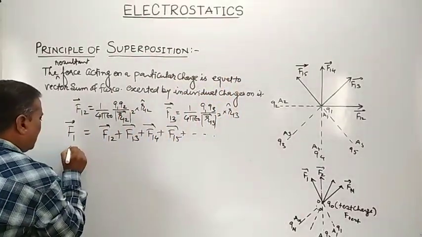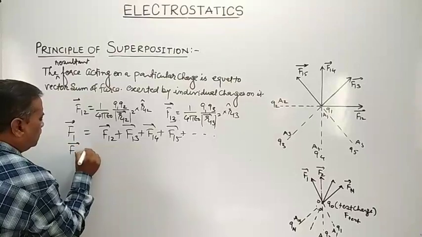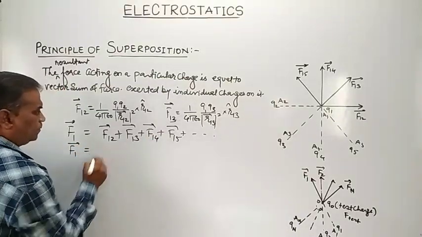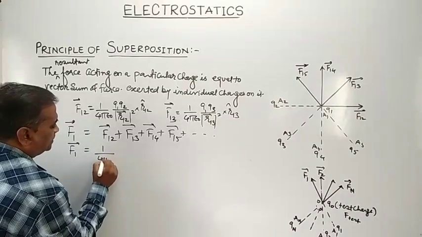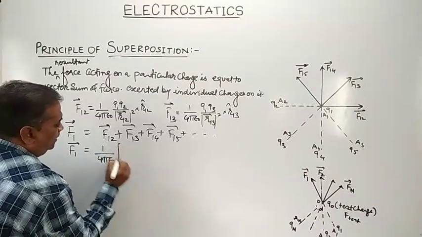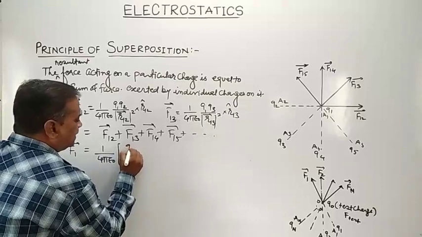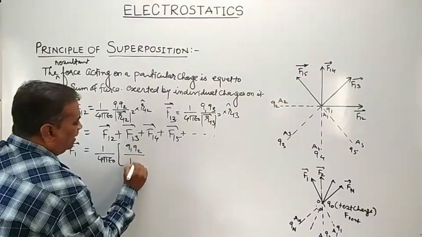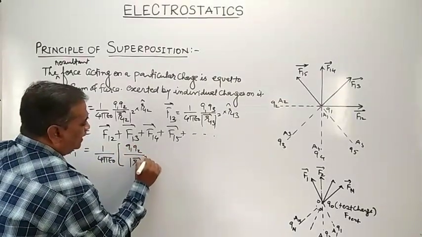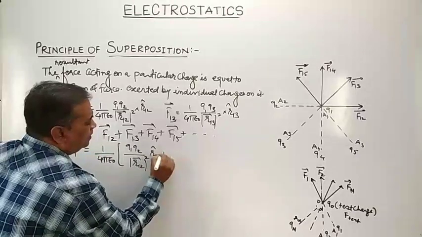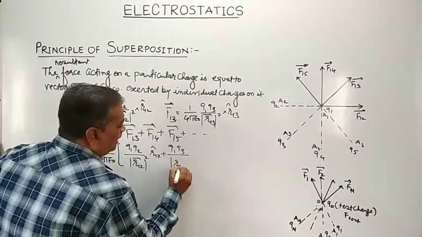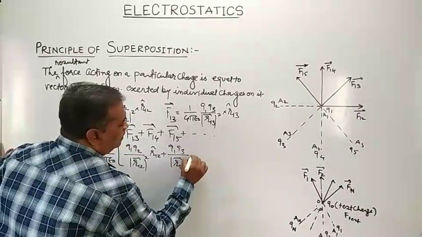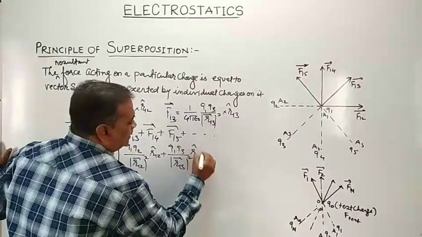Or this vector F1, the resultant force on charge Q1, is equal to 1 upon 4 pi epsilon 0, which can be taken common. What is left in the bracket is Q1 Q2 divided by mod of R12 square into R12 cap, plus Q1 Q3 divided by mod of R13 square into unit vector R13 cap.